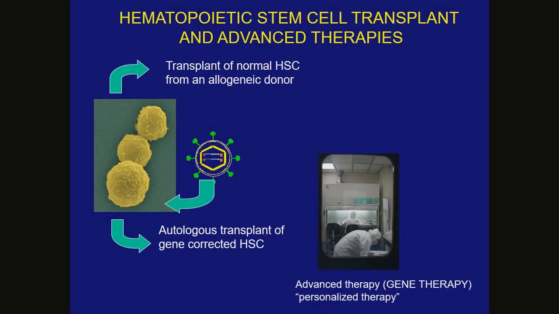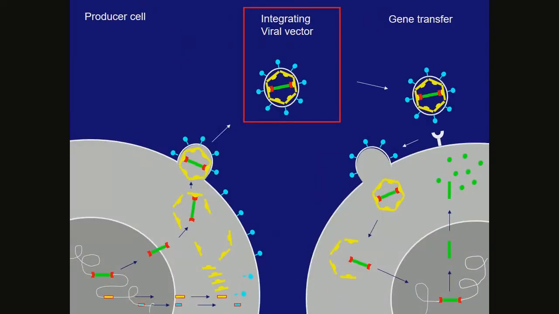So going now to the type of gene therapy most relevant for you, certainly the therapy based either on hematopoietic stem cells or lymphocytes. The concept is basically the same; for hematopoietic stem cells, it is an autologous stem cell transplant. The cells are taken from the patients, modified, and infused.